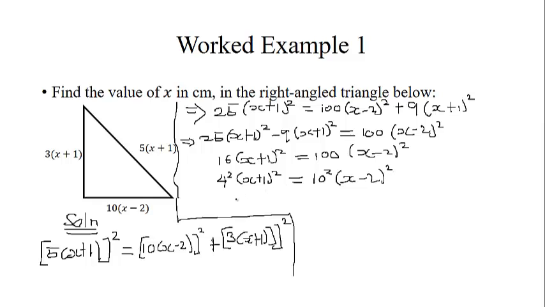Now using the laws of indices, we have 4 into bracket x plus 1 all squared is equal to 10 into bracket x minus 2 all squared.